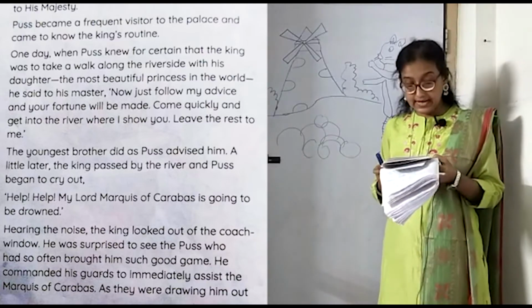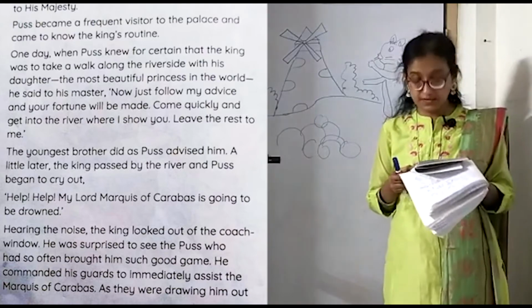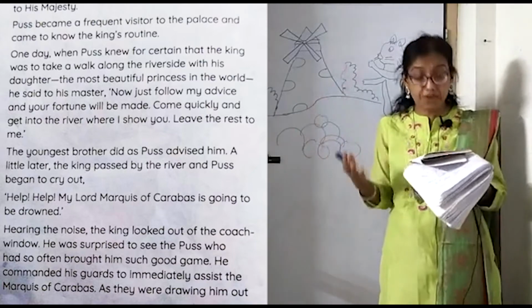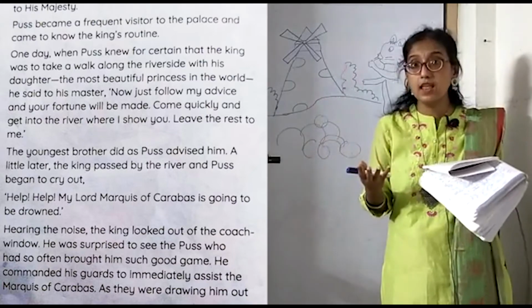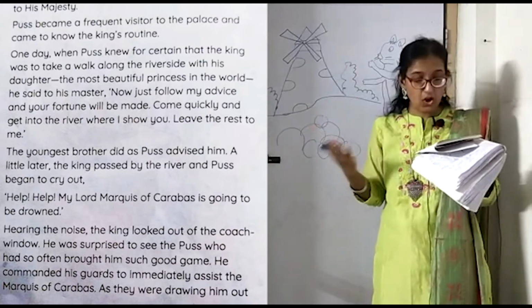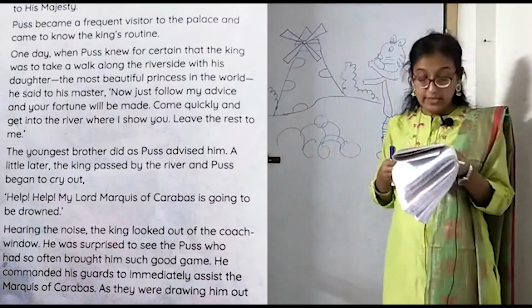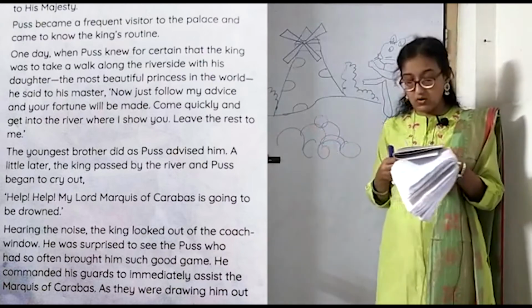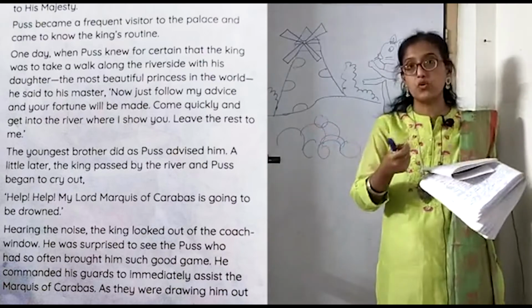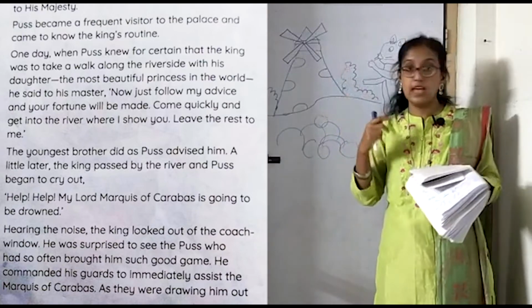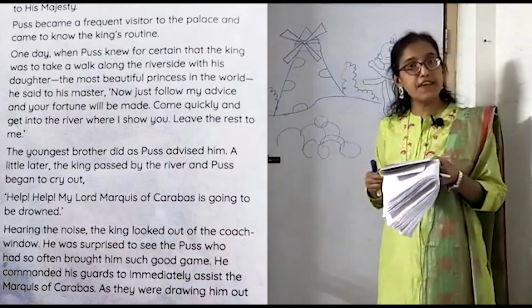A little later, the king passed by the river and Puss began to cry out. Now he yelled and cried. What did he yell? "Help, help, my Lord Marquis of Carabas is going to be drowned!" Hearing the noise, the king looked out of the coach window. Obviously, the yelling got into the ears of the king and he looked in that direction.